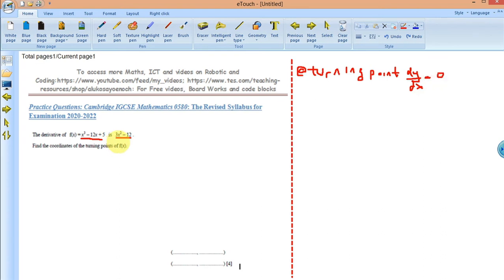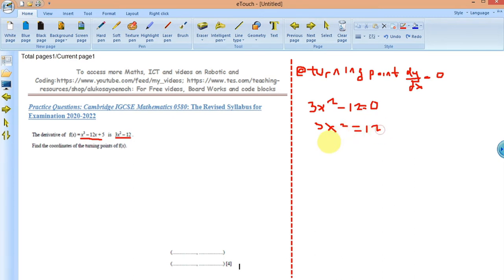So we equate this to 0 because that is the gradient and it's given already. You need not start saying you don't know how to differentiate. So 3x squared minus 12 equals 0, so we have 3x squared equals 12.